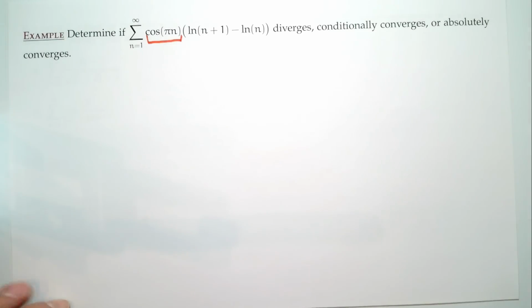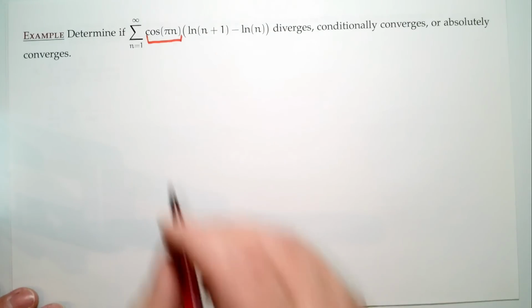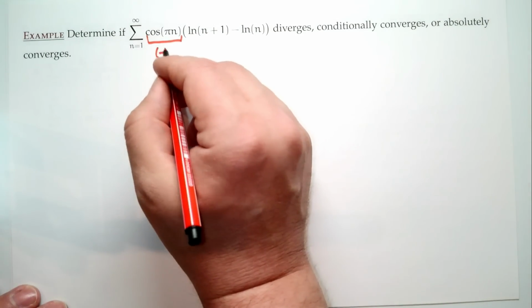When we're doing sums, we don't look at every value of cosine, we look at particular values: cosine pi, cosine 2 pi, cosine 3 pi, cosine 4 pi. So cosine pi n is secret code for negative 1 to the n.